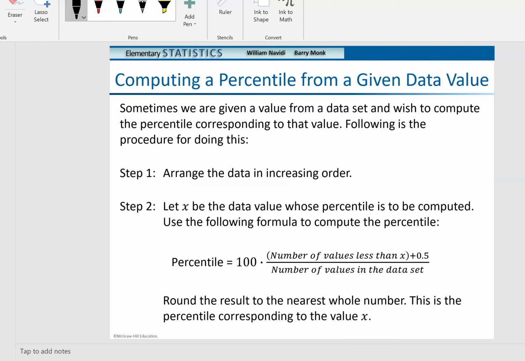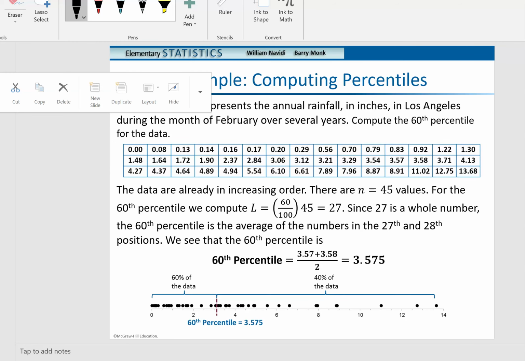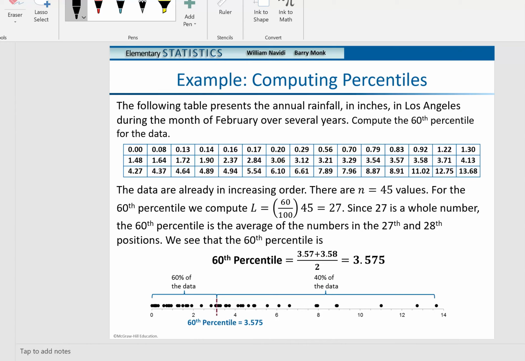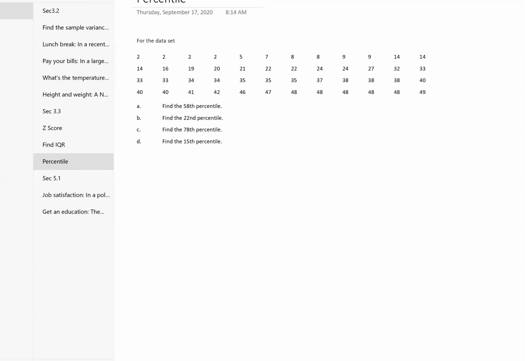Here it is, not that one. It's this one right here. Make sure the data is in increasing order. So we want the percentile over 100 times how many there are. And again, this gives us the position of the number, not the actual number itself.